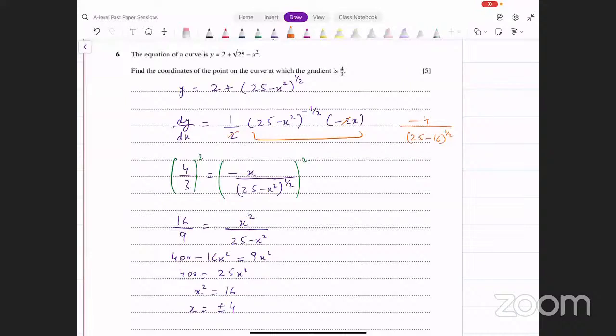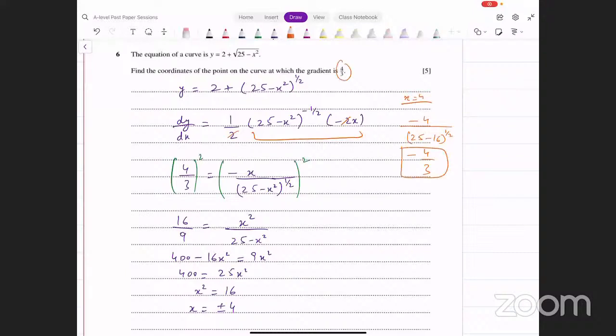And that makes sense. 25 minus 16 is 9, and the denominator becomes 3. So when we put x equals 4, the gradient turns out to be -4 over 3.